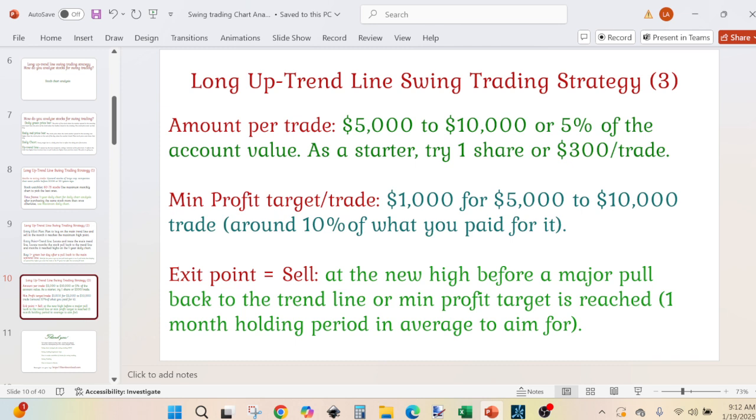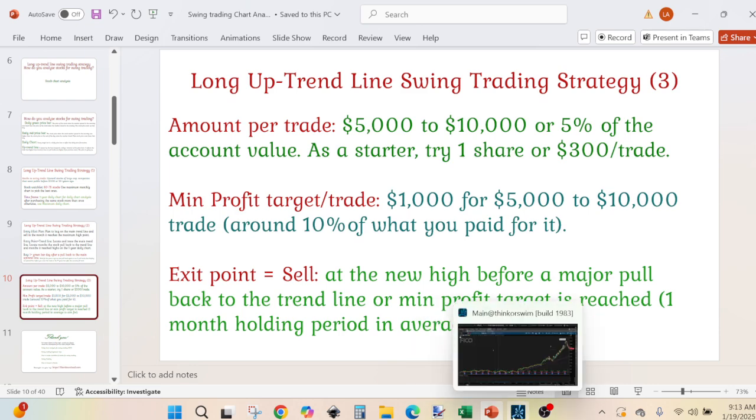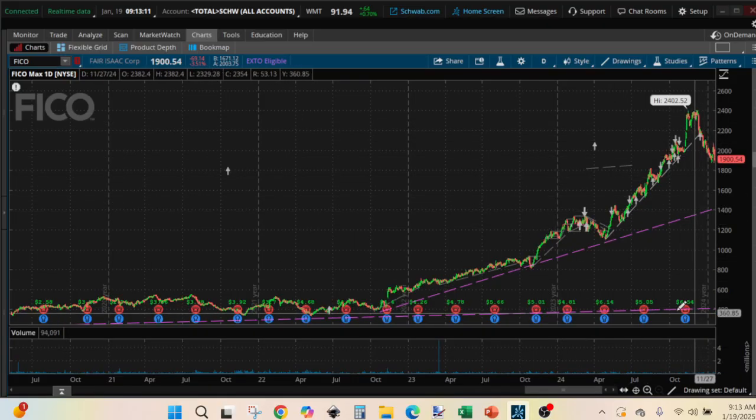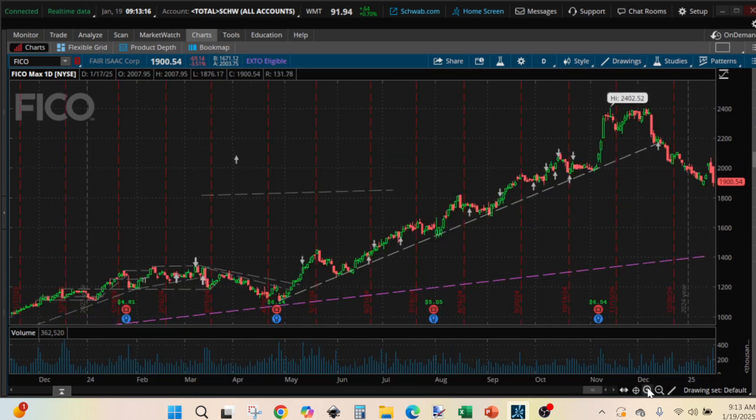So you can sell it when you reach the next high, or when you reach a 10% return. Whatever you pay for it, when it increases 10%, you can sell it as well, so that you can lock in that profit. That way it's not going to pull back on you for you to lose all that unrealized gain, but you can lock it in.